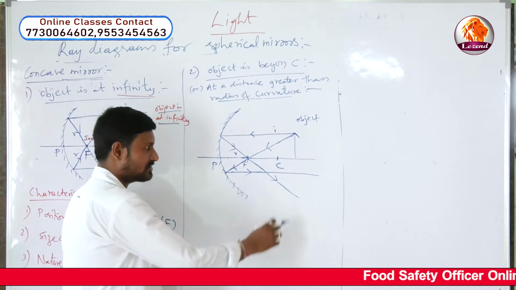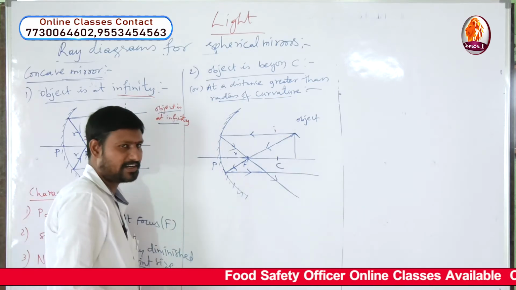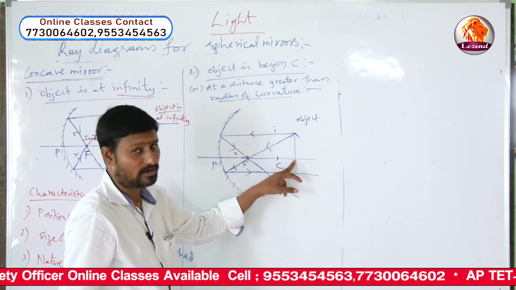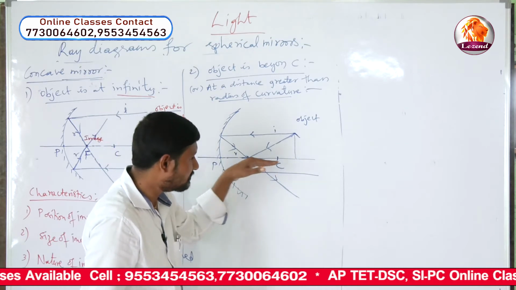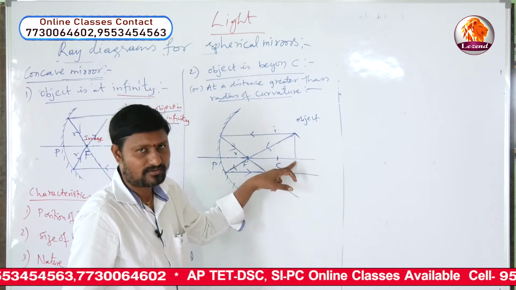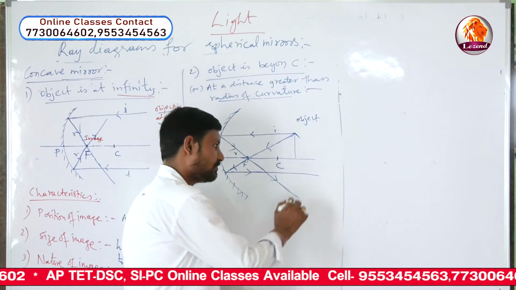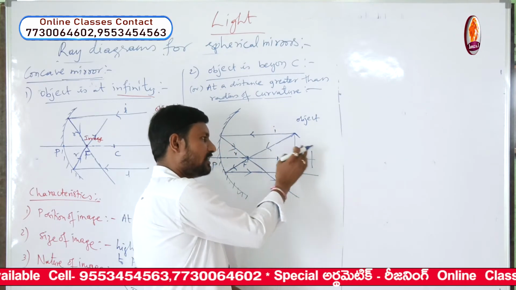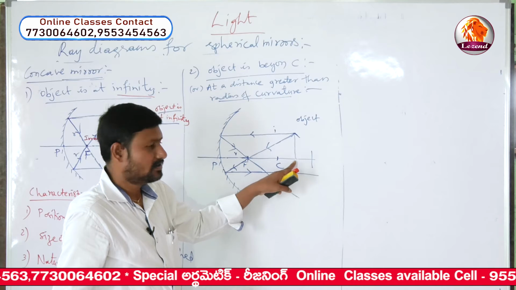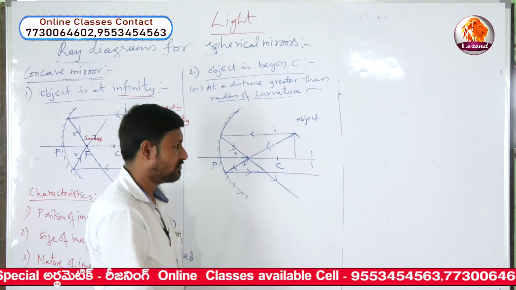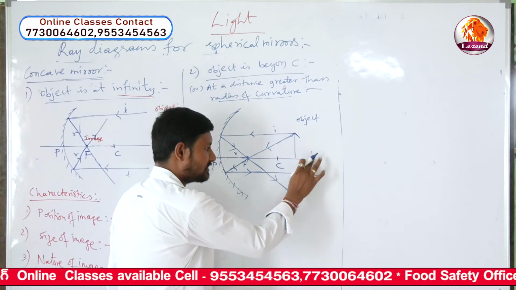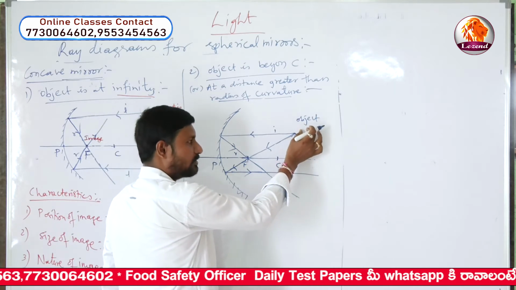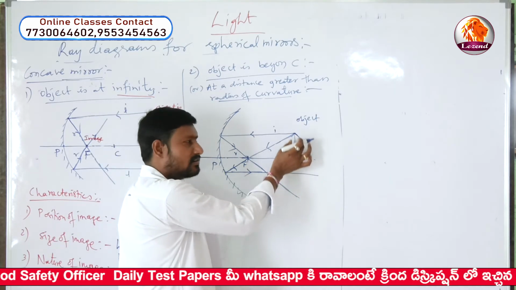Now this is the object from which 2 light rays we are taking. One more important point: the bottom of the object is on the principal axis. Why are we placing it like this? Why don't we place it like this? We can place the object in front of the mirror like this also. But one of the important points here is that when the object is placed on the principal axis, we can draw the ray diagram comfortably, because 2 light rays would otherwise have to be taken from the bottom as well as from the top.